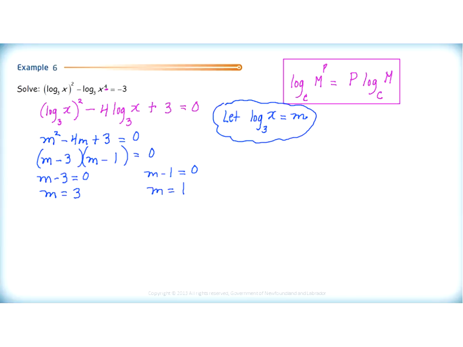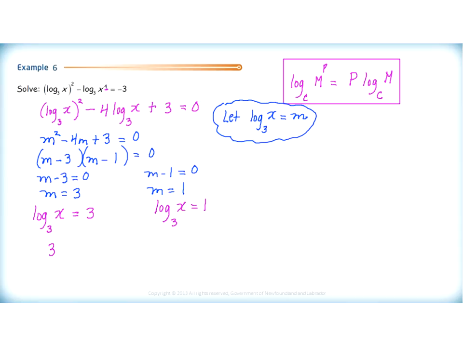Now we need to substitute in the log of x to base 3 for m. So we have the log of x to base 3 is equal to 3, and in the other part, we have the log of x to base 3 is equal to 1. So in order to solve for x, we will convert it to exponential form.